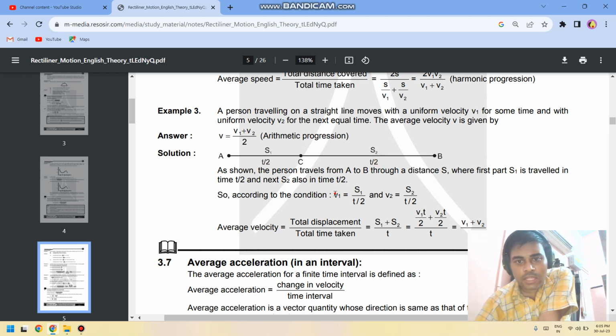So v1 will be equal to s1 divided by t by 2, that is distance divided by time. This will be the velocity between A and C, and this will be the velocity between C and B. Now the average velocity will be total distance by total time, which is s1 plus s2 by t. You can solve this.